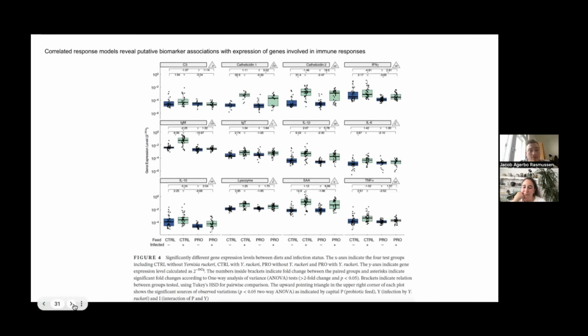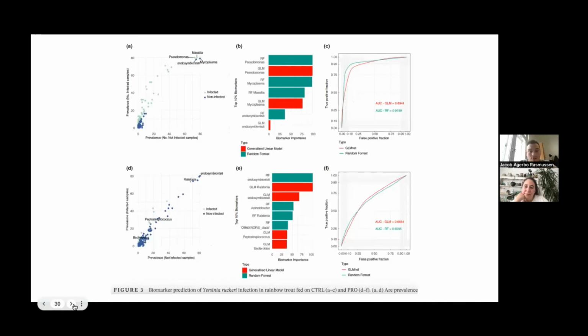So one of the things we did, because we had all these genes, was to see if we could find correlations between regulation of these genes and specific bacteria. But in order to find specific bacteria, we needed to find biomarkers between healthy and infected fish, and non-infected fish.